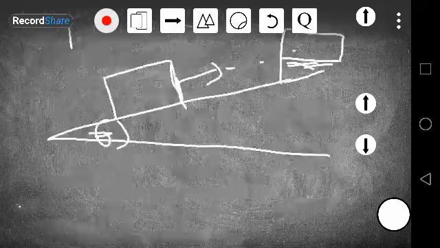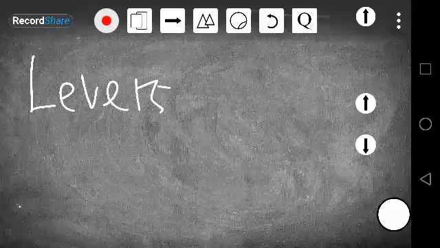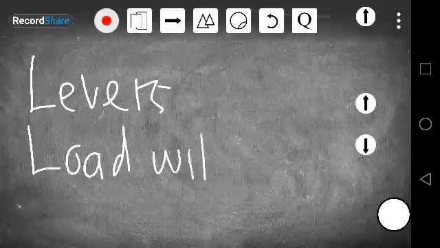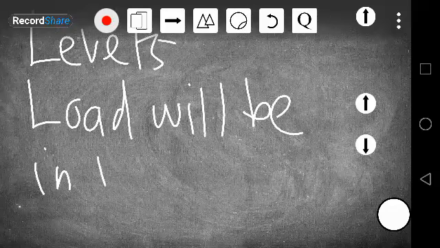We move to levers. A lever is a type of machine where there is a load in the middle.